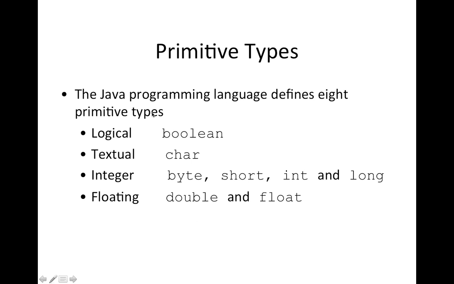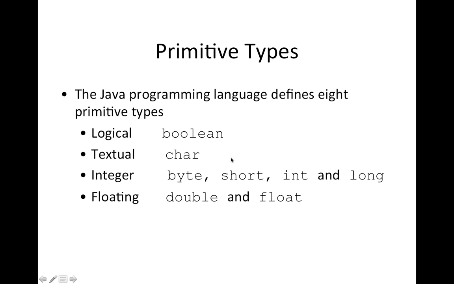Primitive types. The Java programming language defines 8 primitive types. One is boolean, char if it is a textual value, byte, short, int, long, and if it is a real number like a decimal point, you can use double or float. How exactly are each of these different? Logical is if you want to do something like if and else. Textual is if you are using characters, unicode characters and all that.